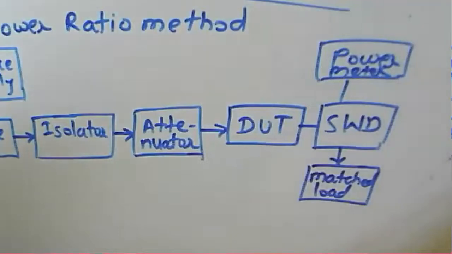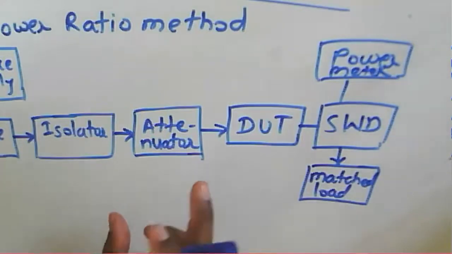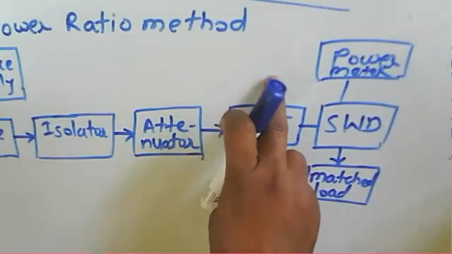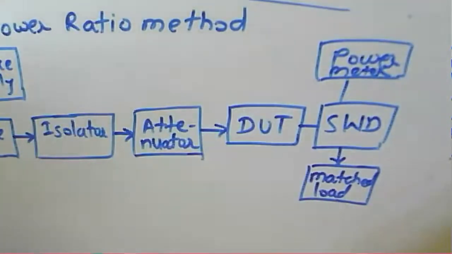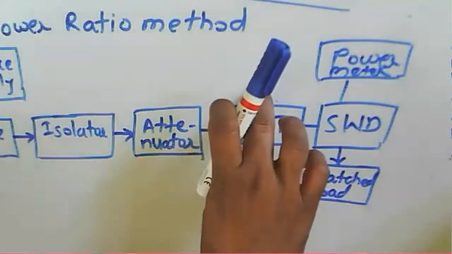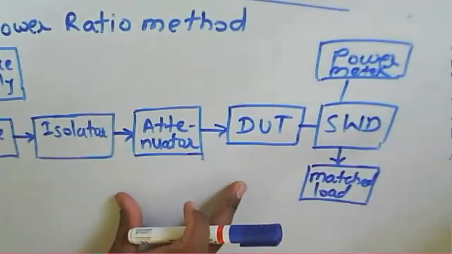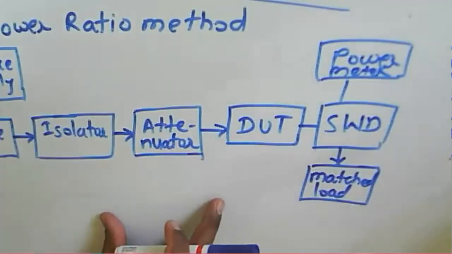Now, the power meter is used to measure what the power will be when we insert a device under test here. To measure the attenuation, we are supposed to measure the power when the device under test is inserted in this microwave bench, with insertion and without insertion.